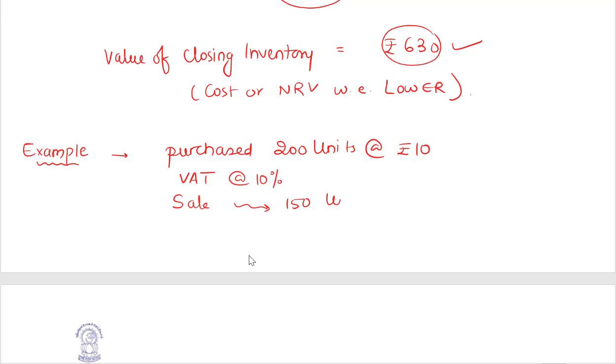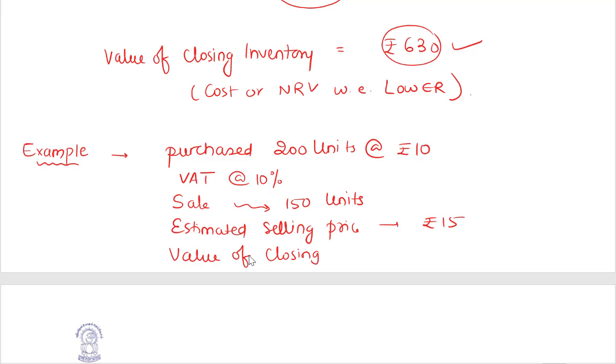We sold 150 units. From 200 units, we sold 150 units. Let's record the estimated selling price equals rupee 15. Let's try to value the closing stock. What would be the value of closing stock? Kindly record this question well, and then we'll proceed with the answer.